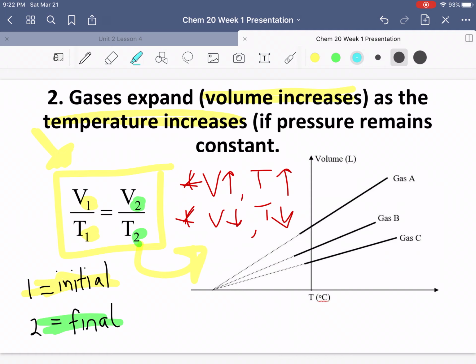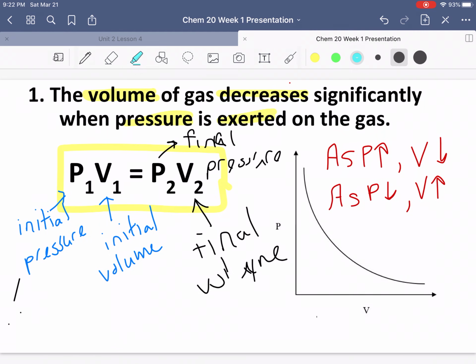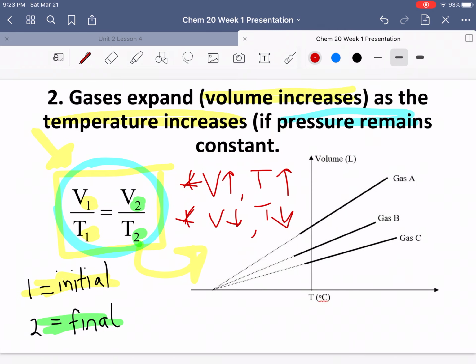This is the same thing over here. If volume and temperature change, then what remains constant? It's pressure. Okay, go back to this one. If pressure and volume are the ones that are changing, then that means, ding, ding, ding, temperature is constant, right? Again, be aware, take note, it'll come back.